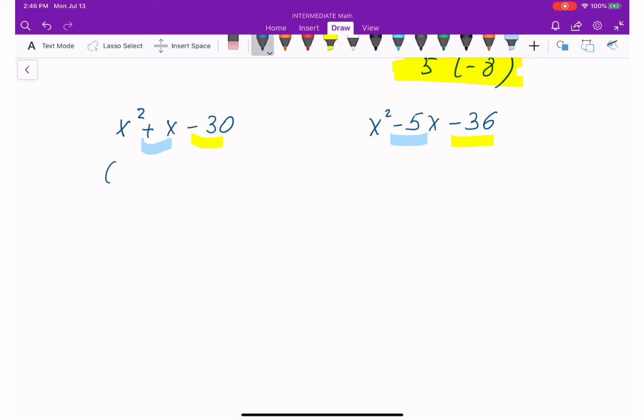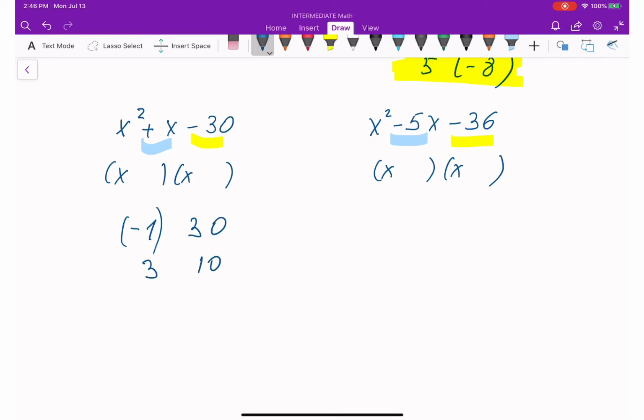So first of all, let's break down x and x. Here also x and x. So let's see, negative 36. It's going to be 1 and 36. And we keep in mind that the biggest number is going to be positive, which means 1 is going to be negative, right? 3 and 10.